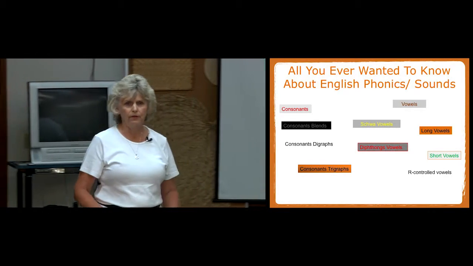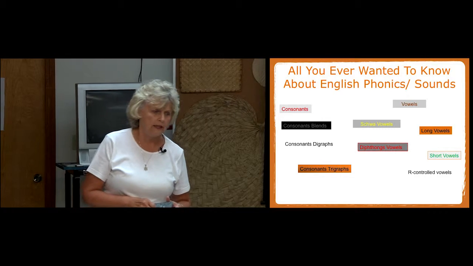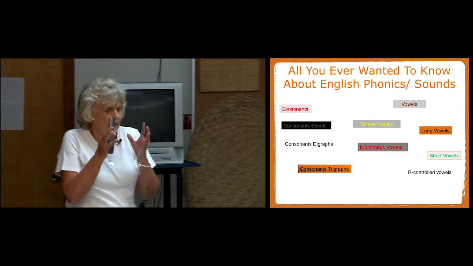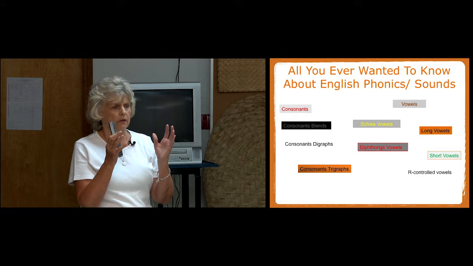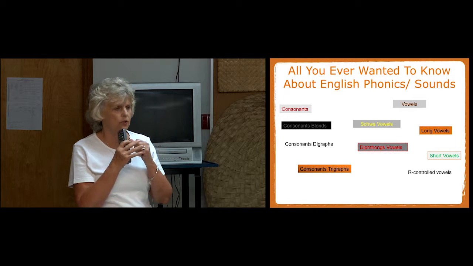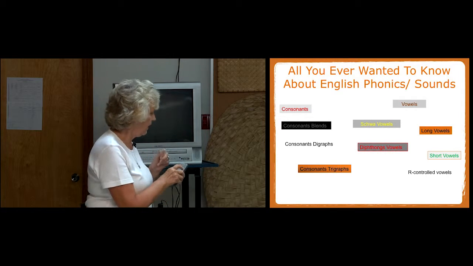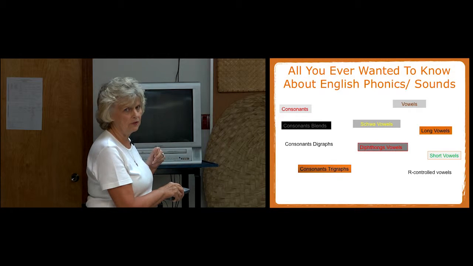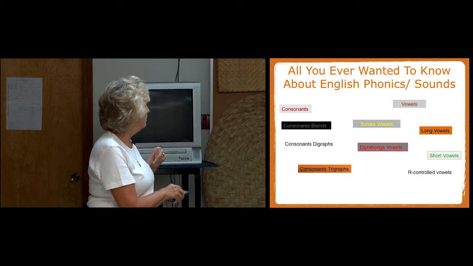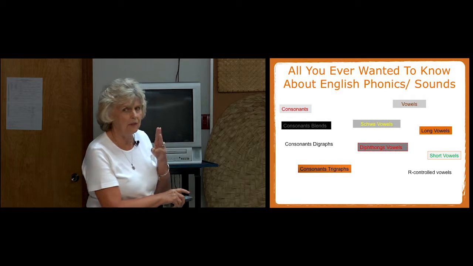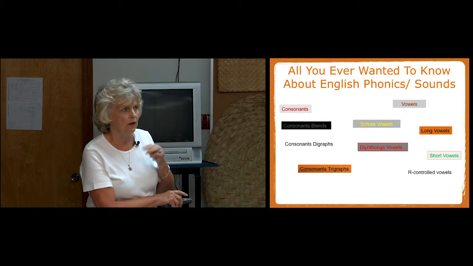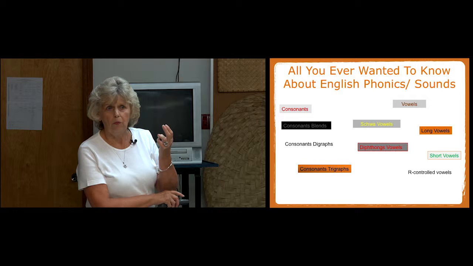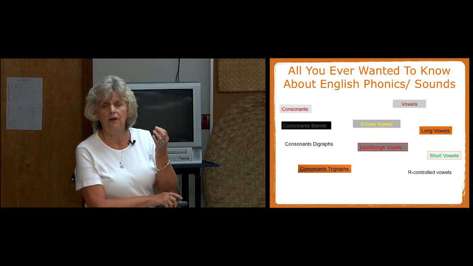Everything you want to know about phonics. All right. Let's review. If you look at this as an overall, it's not so overwhelming, I think. If you look at it as consonants and just know you have consonant sounds, you have consonant blends, and how many different kind of blends did we find? We found L blends, S blends, and R blends.